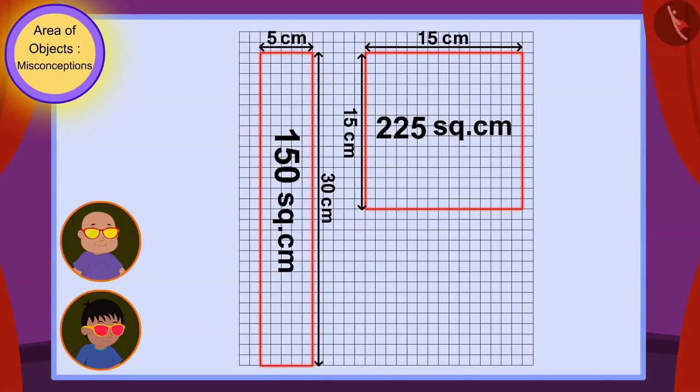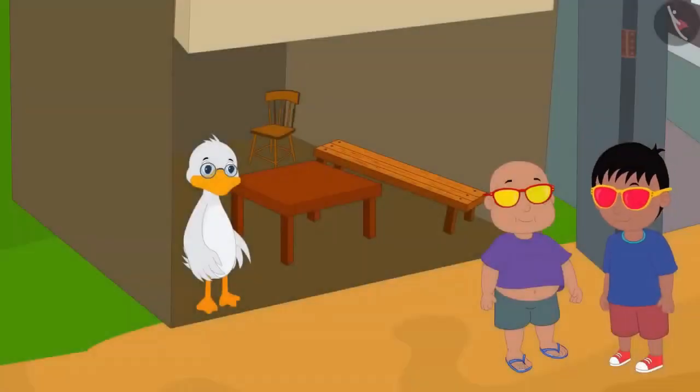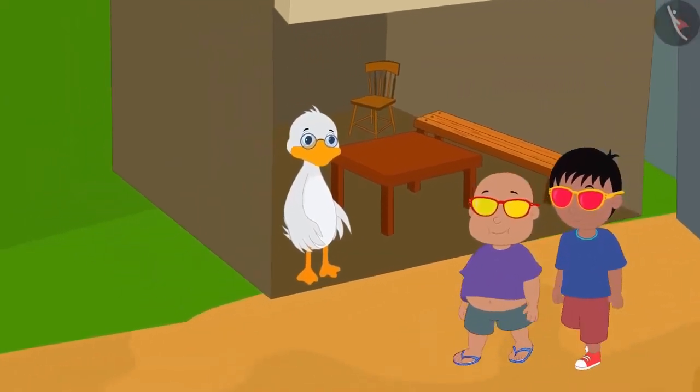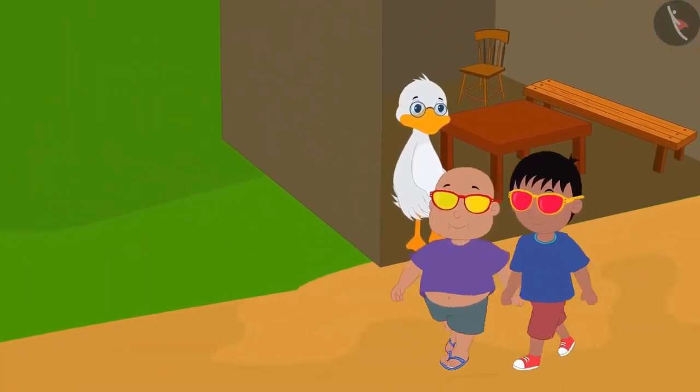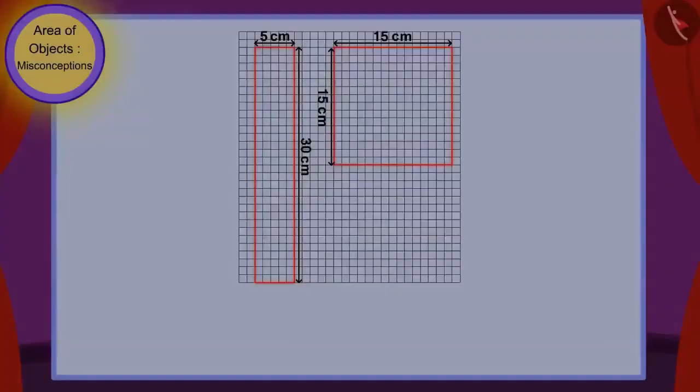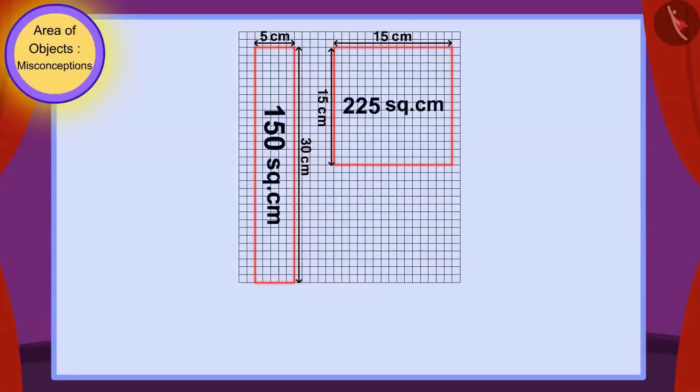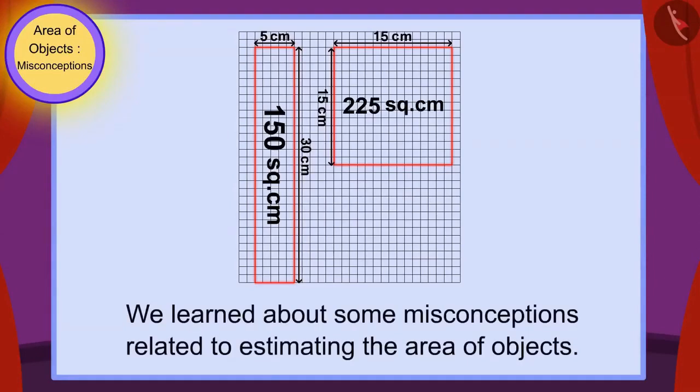Bablu told Raju. Raju understood his mistake, and both friends put on their glasses and started walking once again. Children, in this video we learned about some misconceptions related to estimating the area of objects.